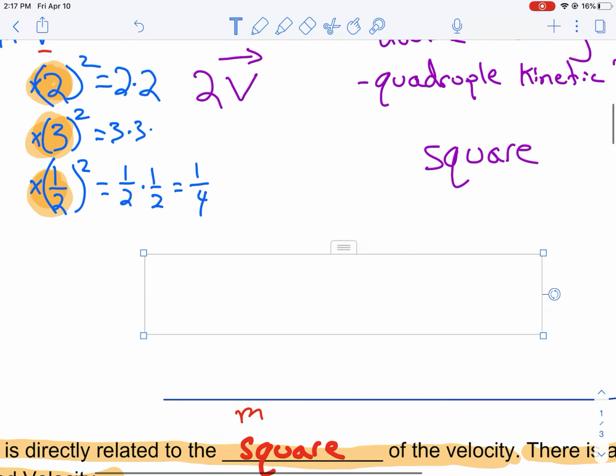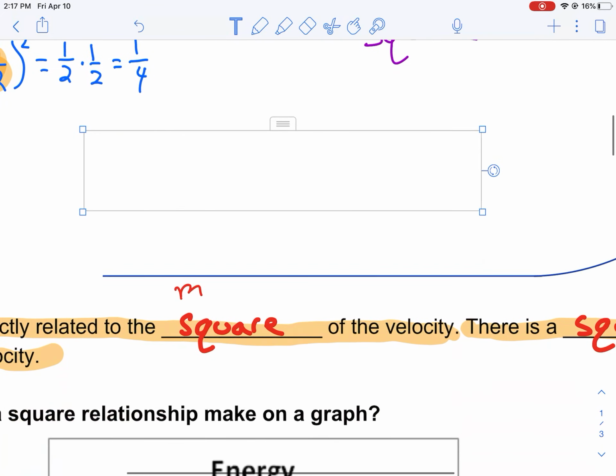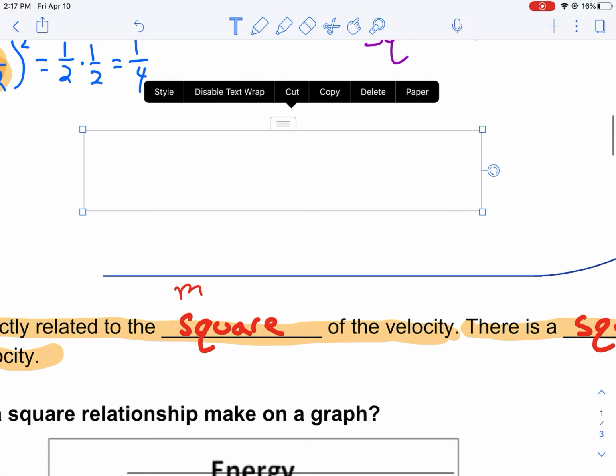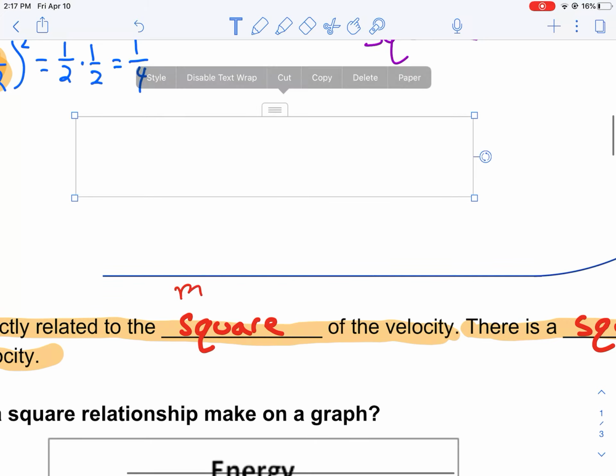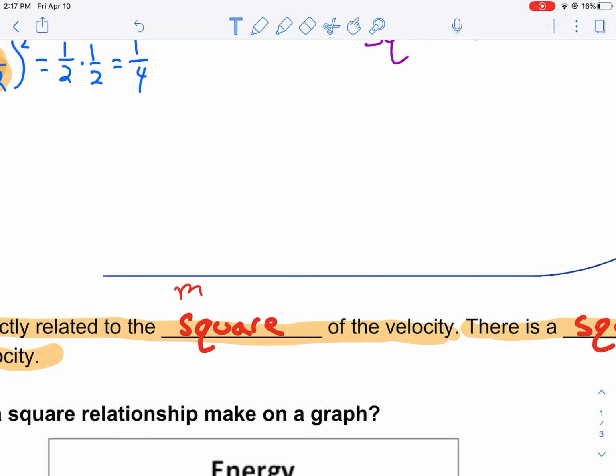Instead of doing a text box, I'll just write it.